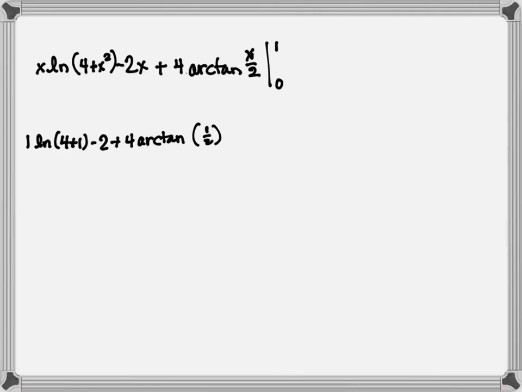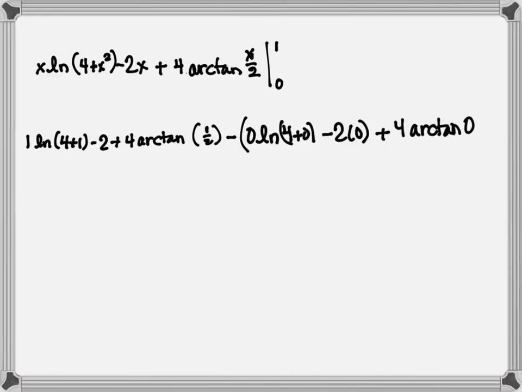It does a lot of times when we were dealing with polynomial functions, but this is definitely not a polynomial. On this one, oops, it's subtraction. We'll put in zeros. It does zero out the first piece. It's 0 natural log of technically 4 plus 0. And then it's minus 2 times 0. That's fine. But then it's plus 4 arc tangent of 0 over 2, which is 0.